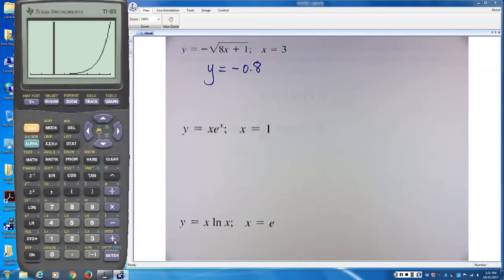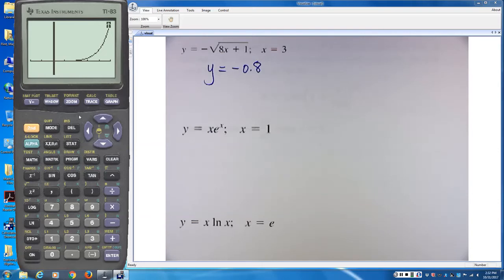So there goes the function. And I can see from that function that I probably need to go down a little further. So I'll just keep moving my screen around until I'm sure I'm going to see it if I'm trying to find a graph.